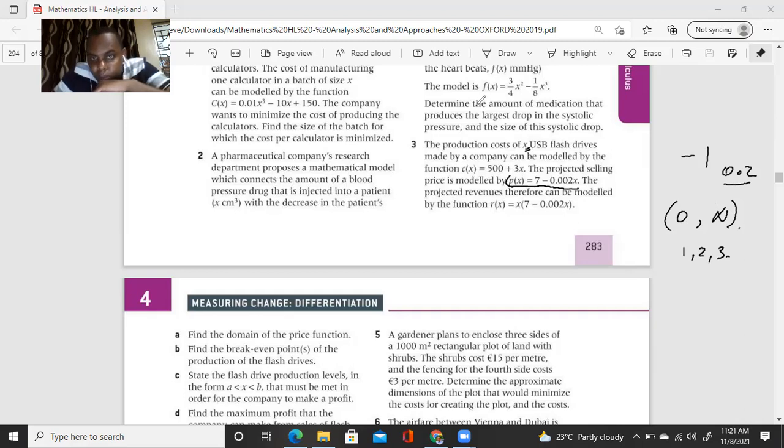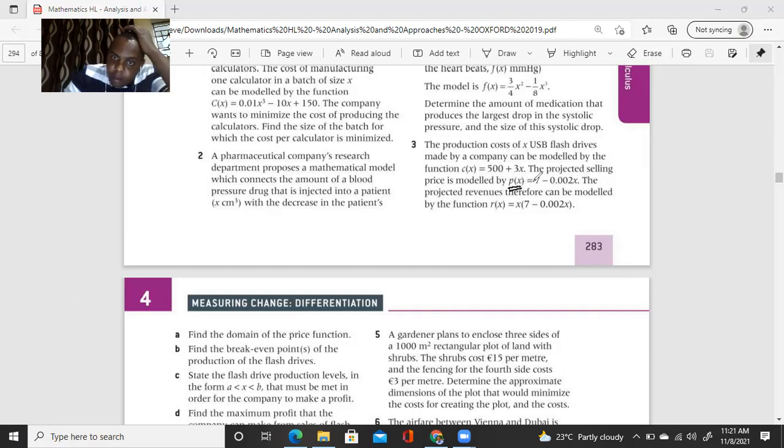Oh, 0 to 3,500. Look at the other argument. Can the price be negative? No. So the 7 minus 0.002x also has to be positive, meaning that 0.002x has to be less than 7.